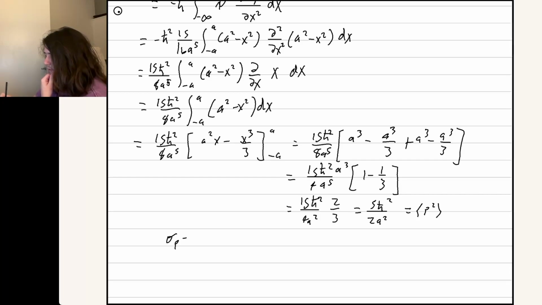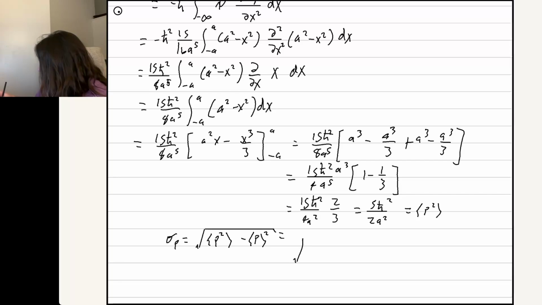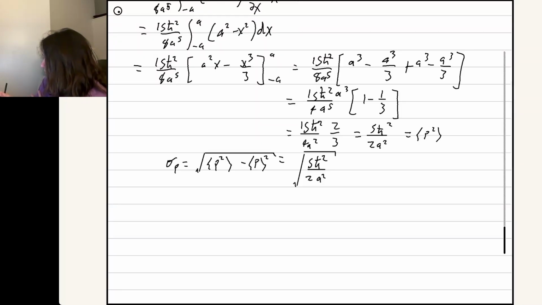The standard deviation then will be the expectation value of p squared minus the squared expectation value of p, which we found was 0, so this is just the square root of 5 h bar squared over 2a squared. Last, we can check if this obeys Heisenberg's uncertainty principle.